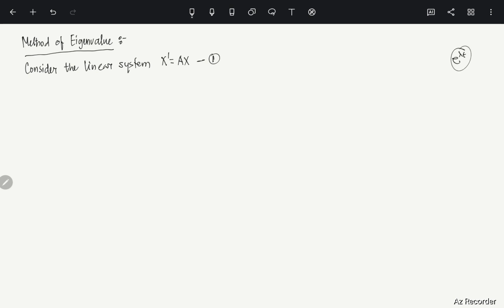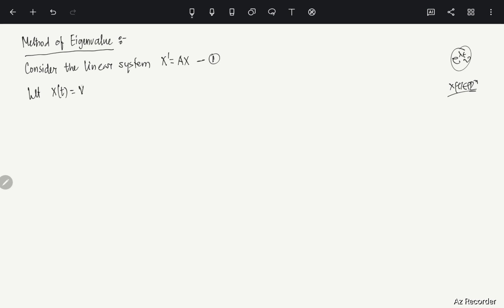Now the thing is, if we just start using an e power lambda t type of function, that won't work, because here the solution x of t is in Rn. So you have to multiply it by some vector v. So what we are going to do is this. Let x of t be given by some vector v.